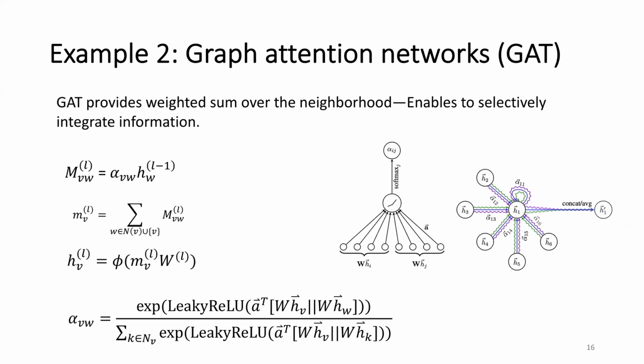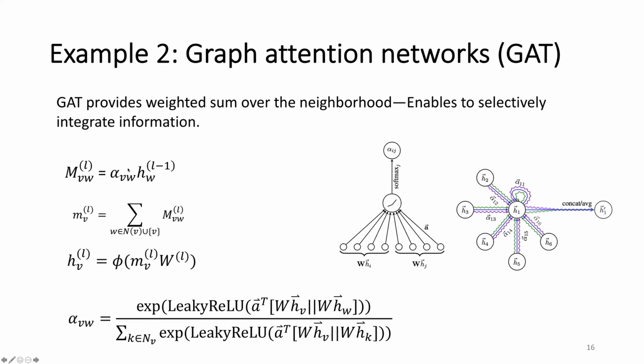An improvement or a generalization of that model is, instead of just doing an unweighted average, to do some form of a weighted average and determine the weights by using an attention mechanism. That gives rise to the graph attention network. So the idea here is, again, the message corresponds to nothing more than the representation of a node at the previous level.